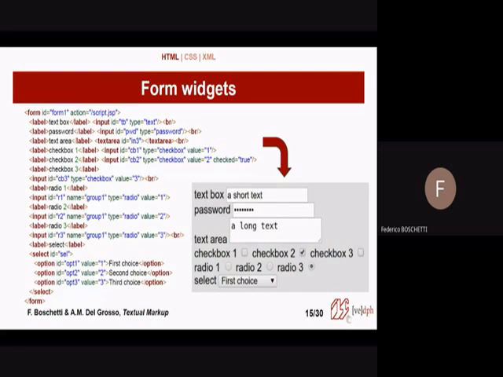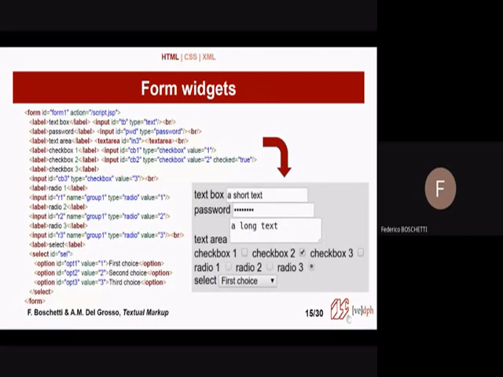And then you have checkboxes and radio boxes. The difference is that the checkboxes are independent one from the other, so you can check all of them or none of them independently. On the contrary, the radio buttons are conditioned one to the other.